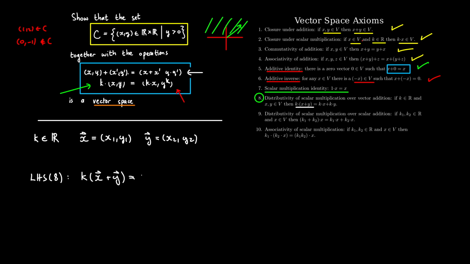And now we can unravel the definition here. This is going to be k times x1, y1 plus x2, y2. Now we can refer back to this law over here and see that this is exactly equal to k times x1 plus x2 and then y1 times y2.